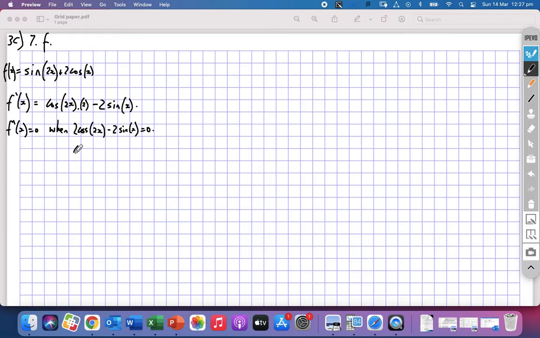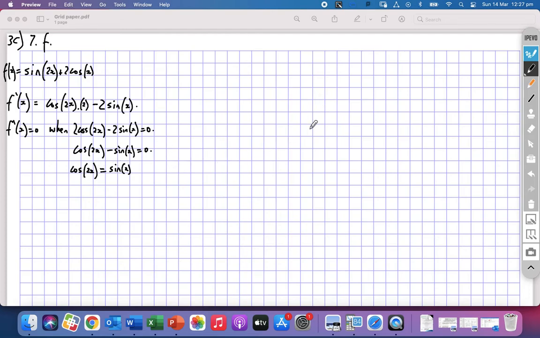Right, so we could say cos 2x minus sine x equals 0. We could say, let's add sine x to both sides. When does cos 2x equal sine of x? Because when this happens, our derivative equals 0.